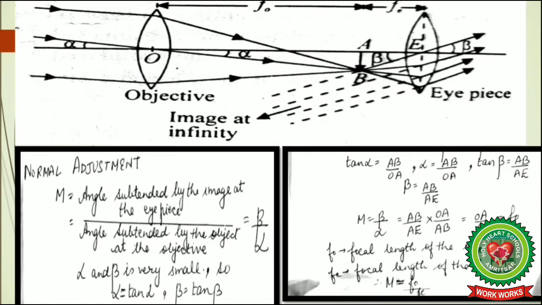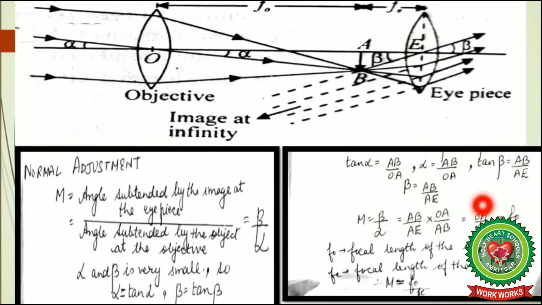Alpha and beta, since they are very small, we can take alpha as tan alpha and beta as tan beta. Now, from the diagram it is clear that tan alpha is AB over OA, and tan beta is AB over AE, and hence we can divide beta and alpha.